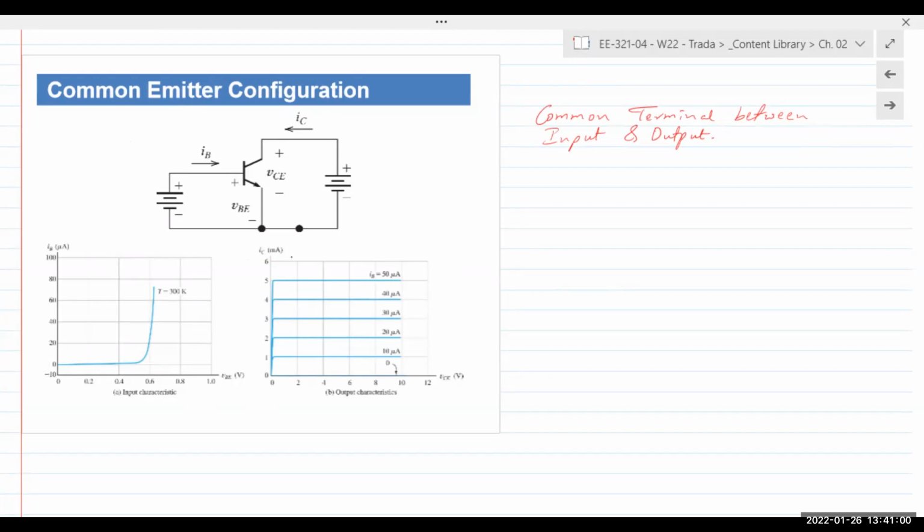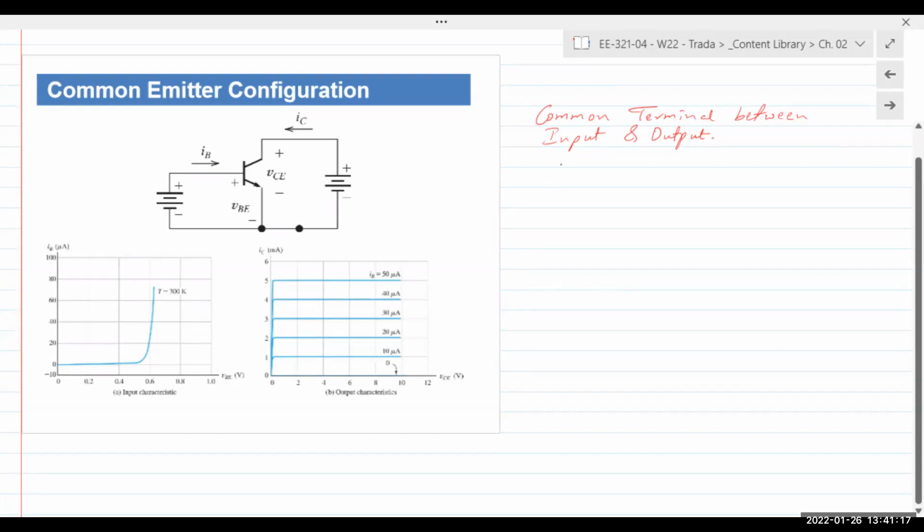Typically, the base current is always the input and the collector is always the output. Even if it's a common base or common collector, the base current is always the input, and the collector is always the output.